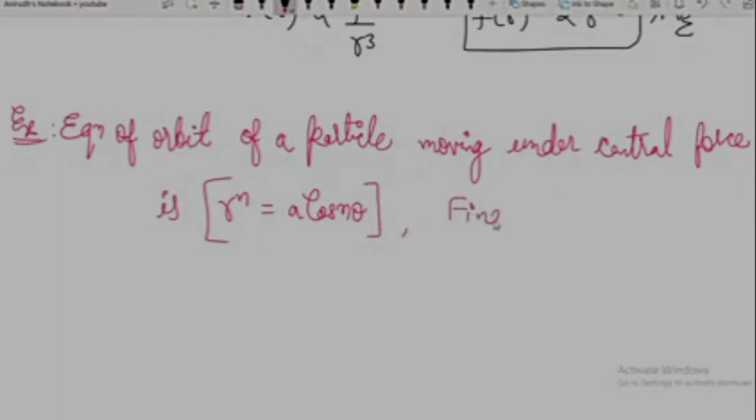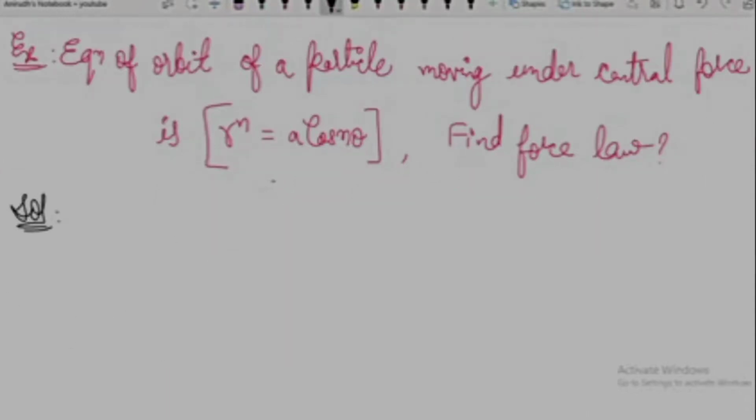So we have to find the force law of this orbit. Here r is given in the question itself: r power n is equal to a cos n theta.